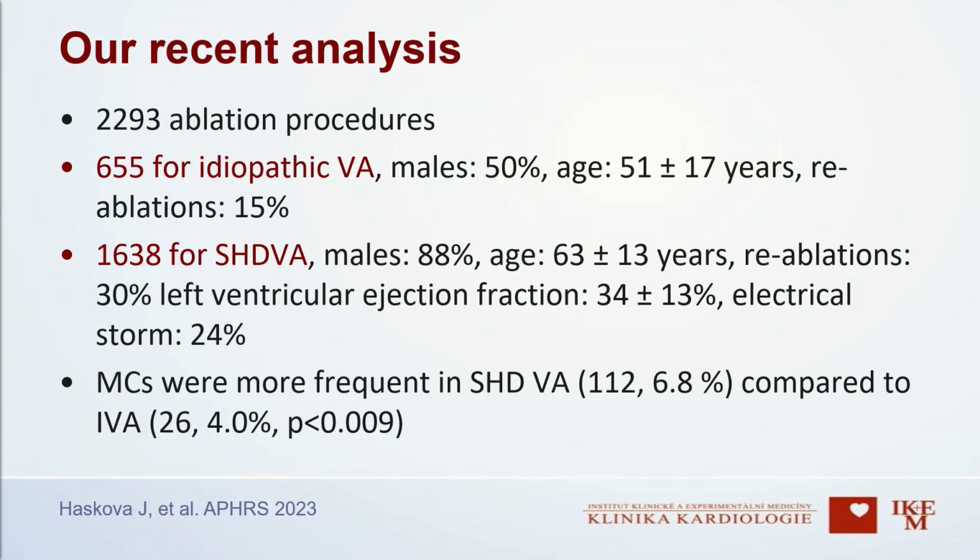So this is our preliminary analysis, more than 2,200 ablation procedures, 655 for idiopathic, majority for structural, and of course complications were again more frequent in structural, but 6.8% compared to 4%.